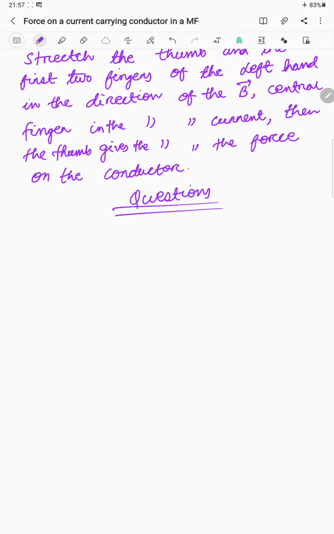Fine. First one. Here the magnetic field which is given to us is a dot. Dot means coming out of the plane of the paper. And a conductor is placed in this manner, where the current goes in this fashion. This is the direction of the current.